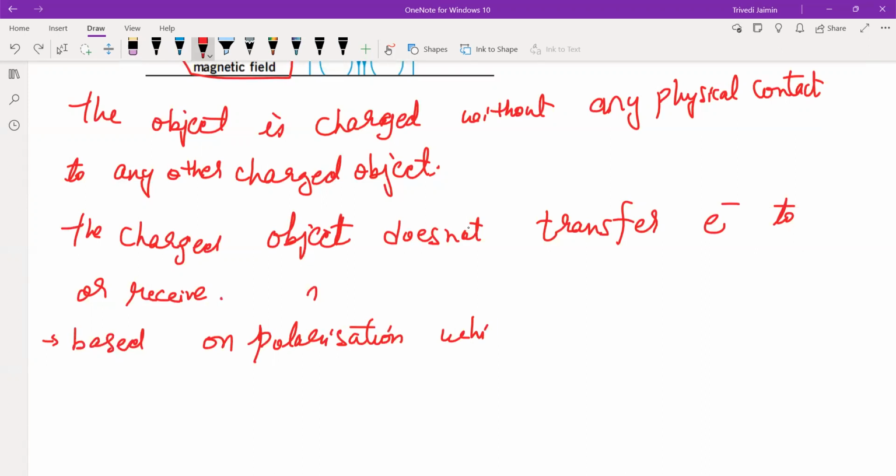If I ask you in simple terms, have you heard this term, polarization? No, sir.